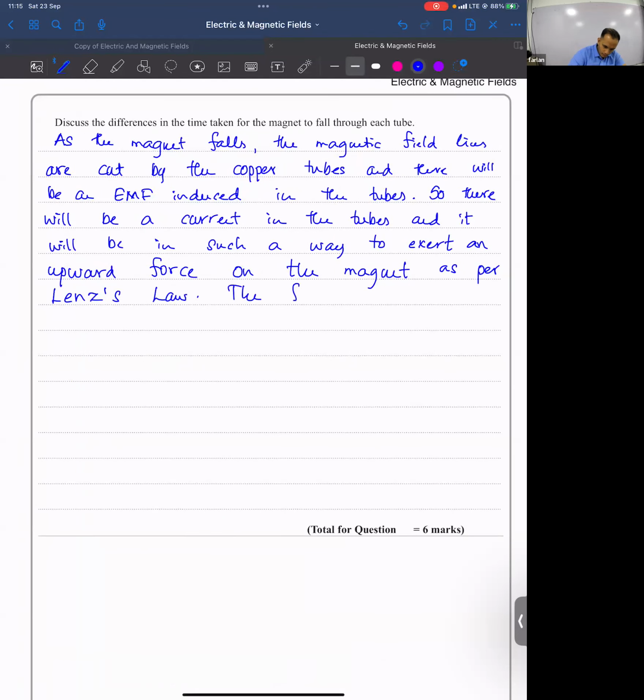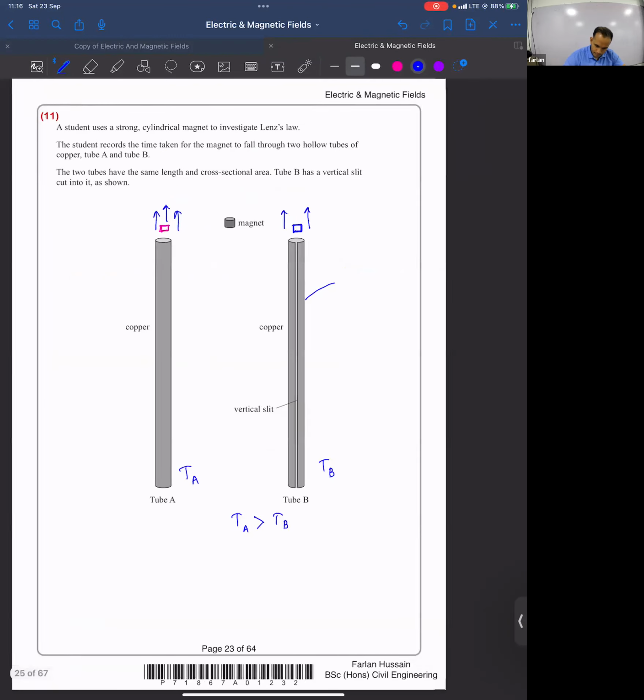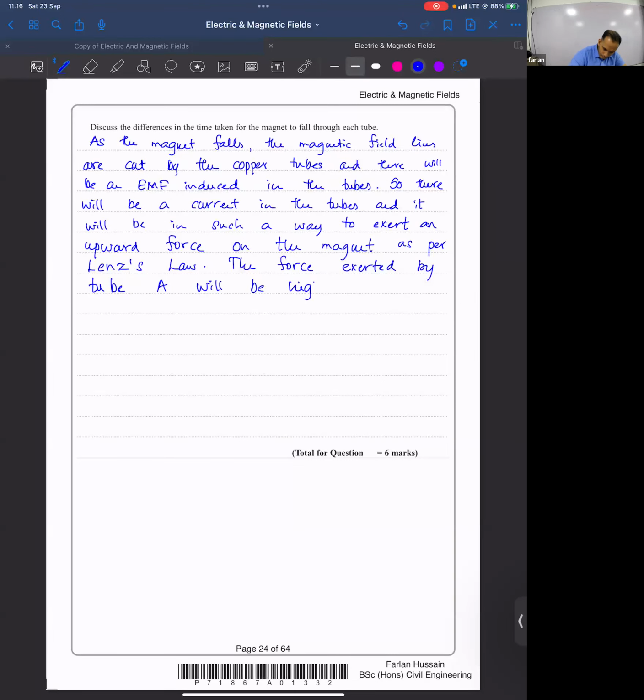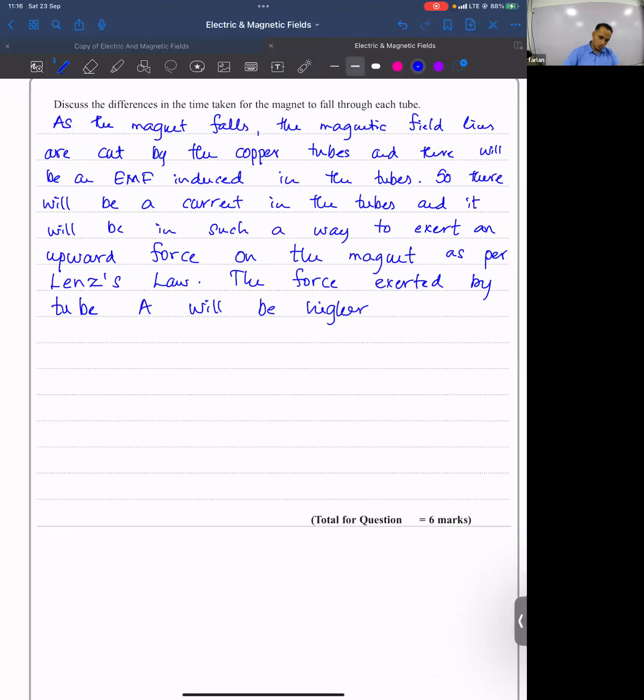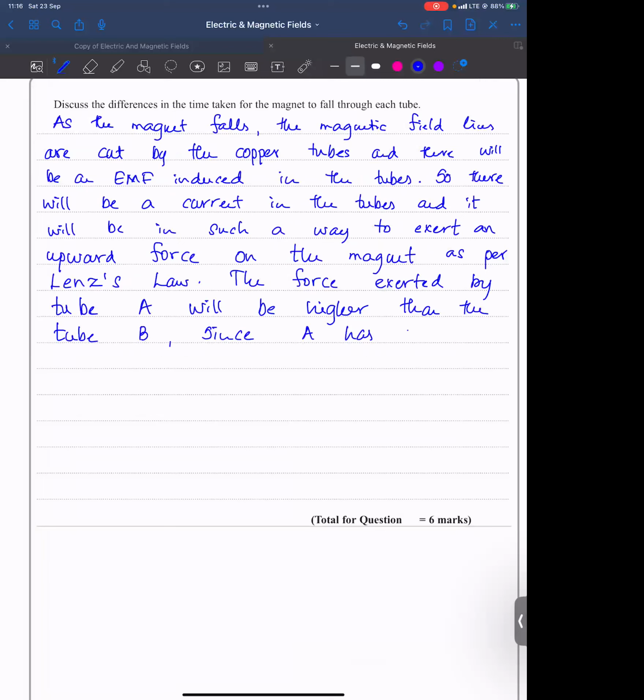The force exerted by tube A will be higher than the tube B, since A has more paths for the currents to flow.